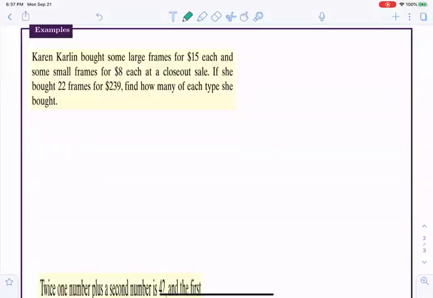So in this problem, the place we should start is probably the very last statement, find how many of each type she bought. So in other words, the variables that we have to set have to be the number of frames. So let me just use different variables here. Let L be large frames and S be small frames.